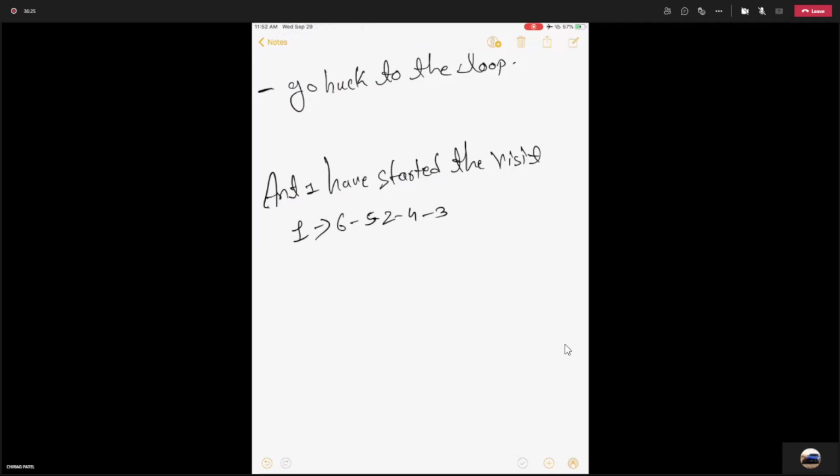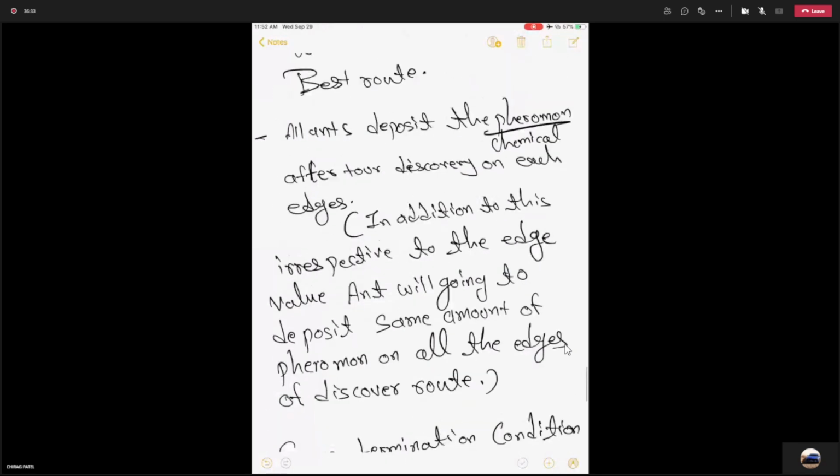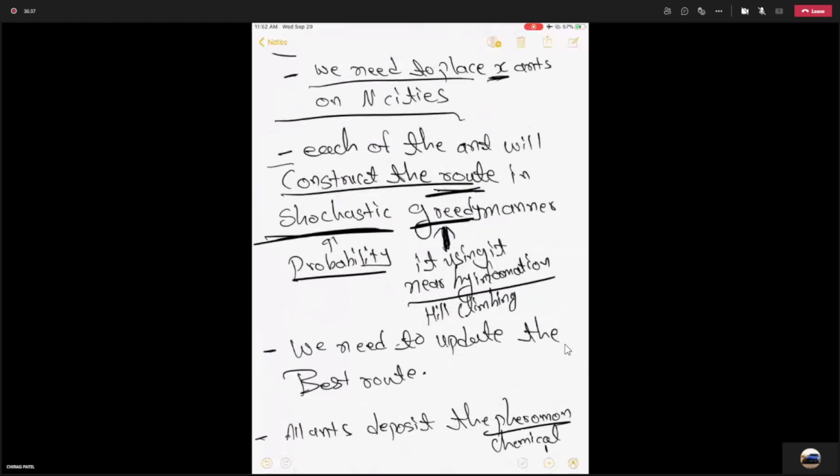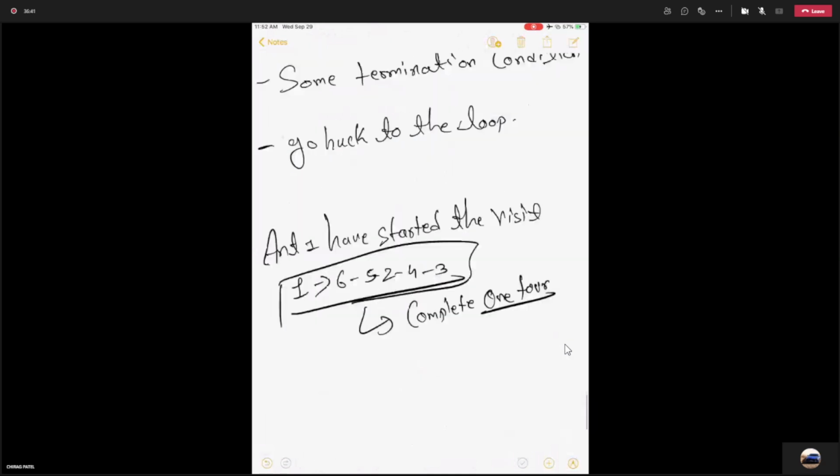This is one complete tour. This is the discovering step. Each of the ants is going to construct a route. This is one route, this is for ant 1.